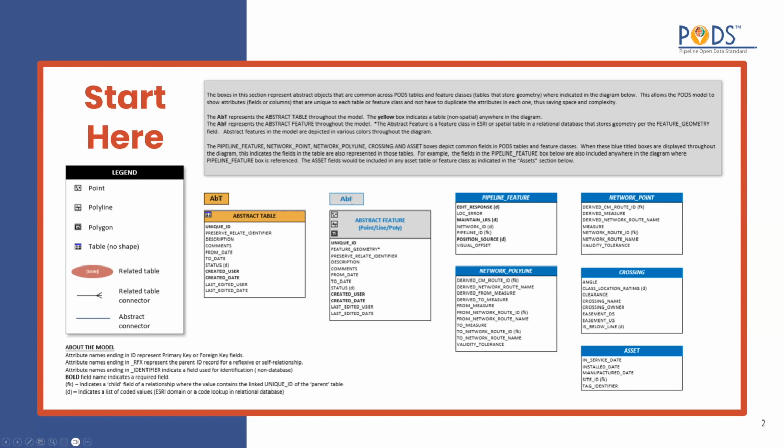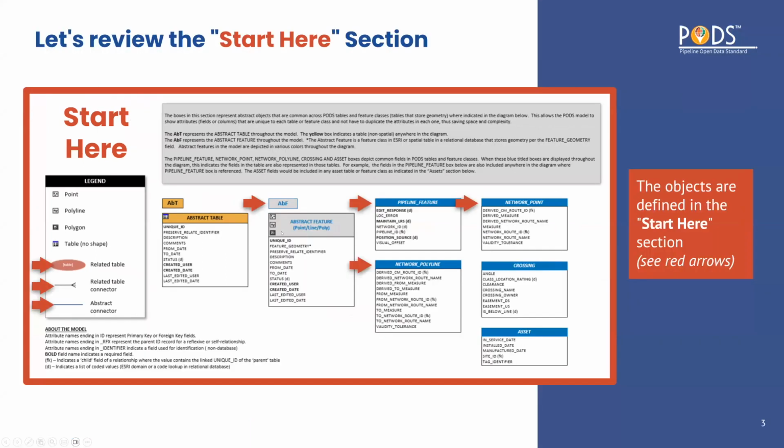Anything that has the ABF attached to it is an abstract feature, a point, line or a polygon, and it's going to inherit or share all of these attributes. Same for all of these things on the right in blue. So anything that's attached to a pipeline feature is going to have all of these fields in the pipeline feature abstract class.